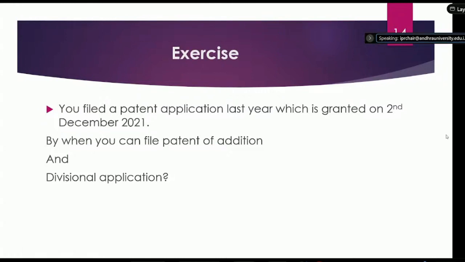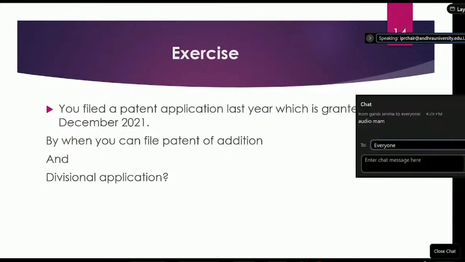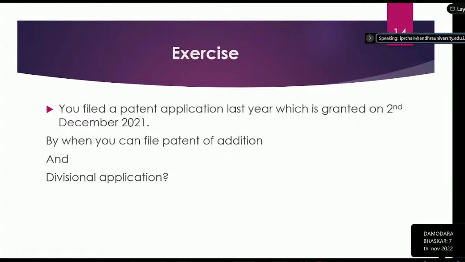Yeah, so basically, Kurnu Monica, you were saying 2nd December 2023. That is about what? Okay, basically, you guys are confused or something. What I mean by this is that you have to file your patent of addition before the expiry of your main patent.